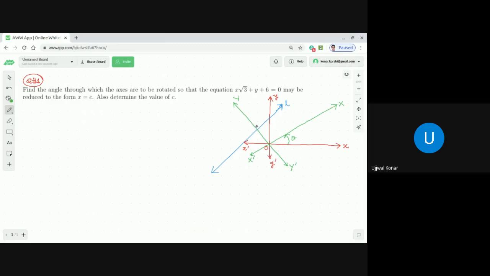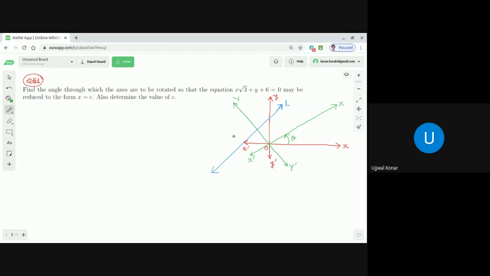So how does it actually become like this? After that rotation, the straight line becomes parallel to the y-axis. So how does it happen? What is the transformation? What is the angle theta here?